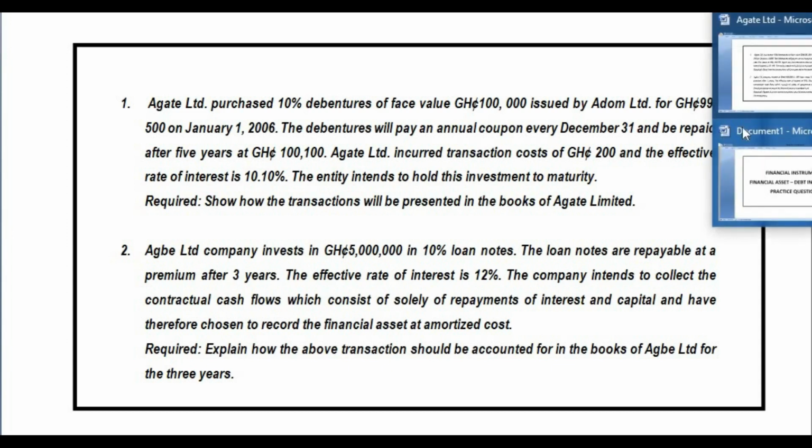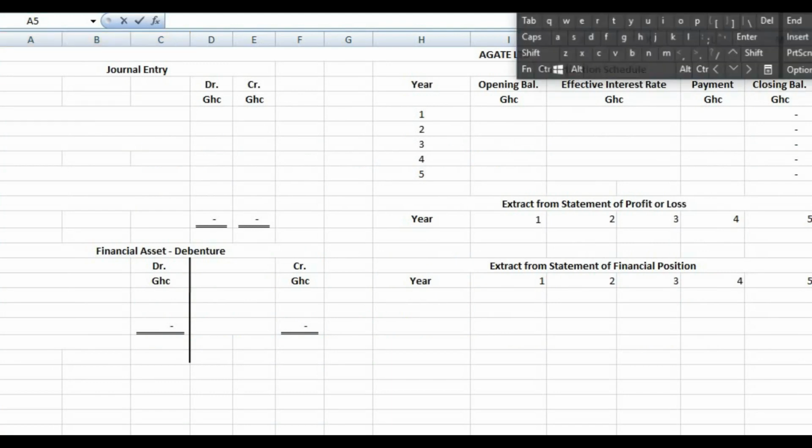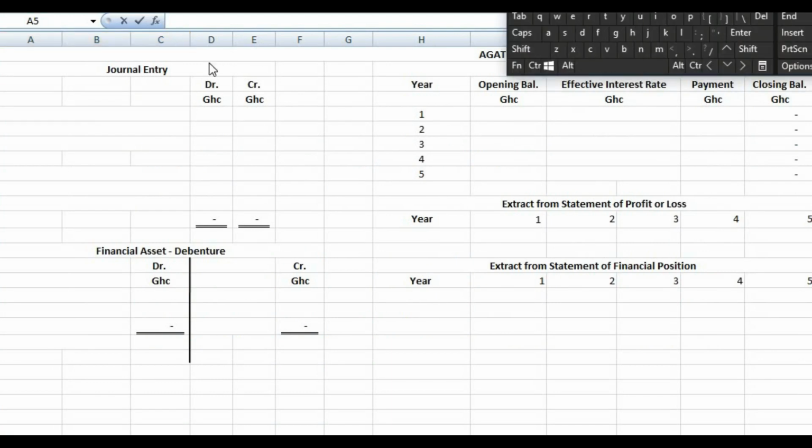So at inception, we are going to debit financial assets and credit cash, because Agate Limited will be paying out of cash or bank.